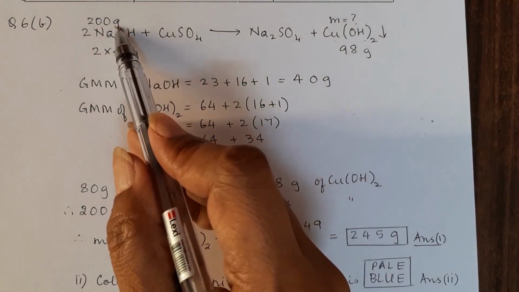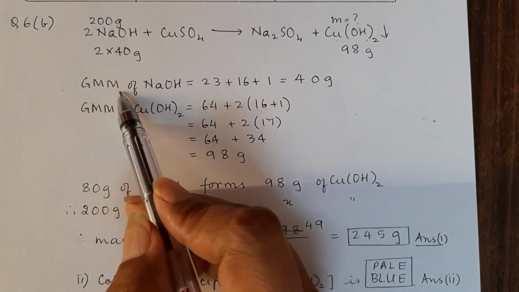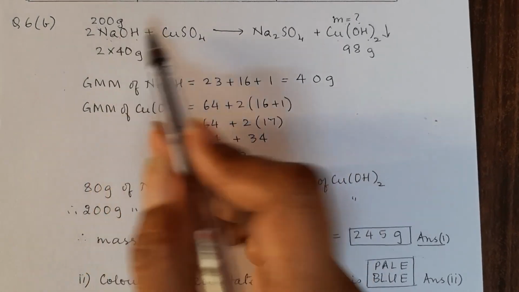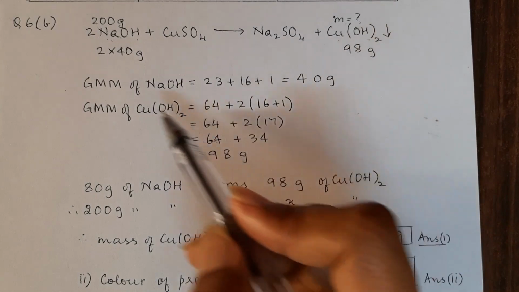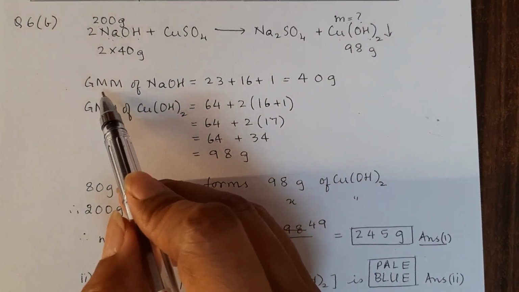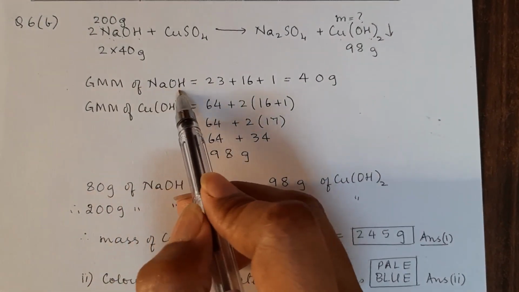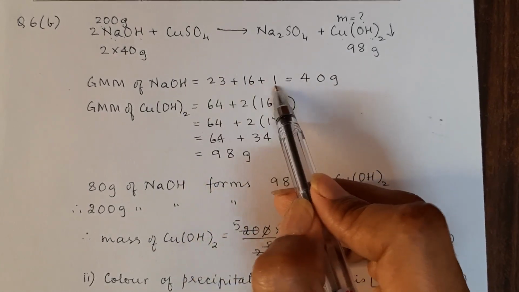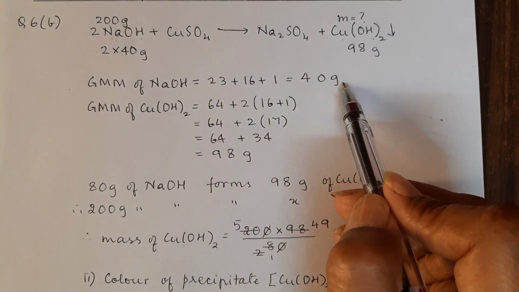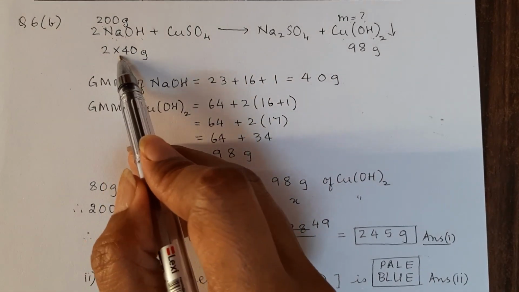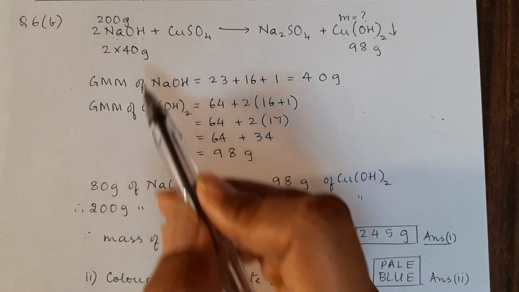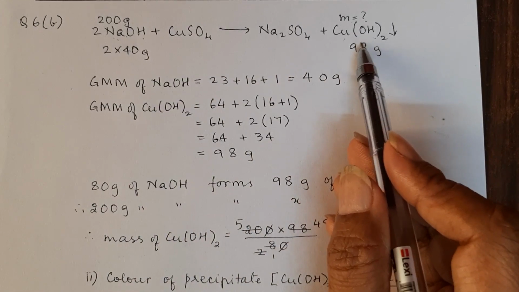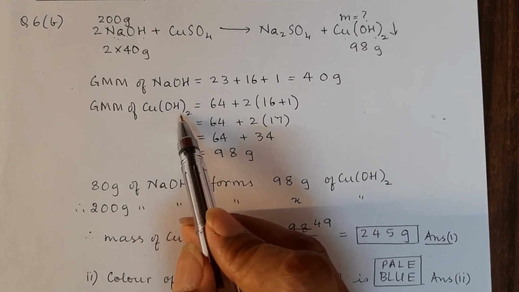Now because these are masses over here, we'll have to find the gram molecular mass of NaOH as well as copper hydroxide. The atomic masses are given, so we write GMM of NaOH will be Na is 23, O is 16, H is 1, add, you get 40 grams. So we'll write in the equation 2 into 40 grams. Then we find the gram molecular mass of Cu(OH)2.